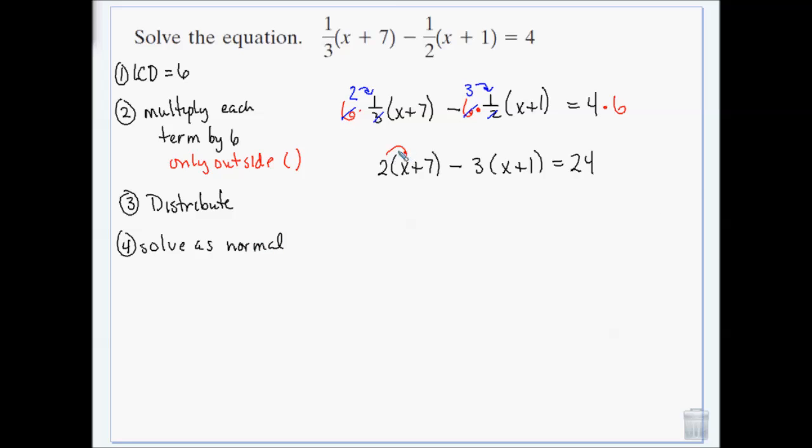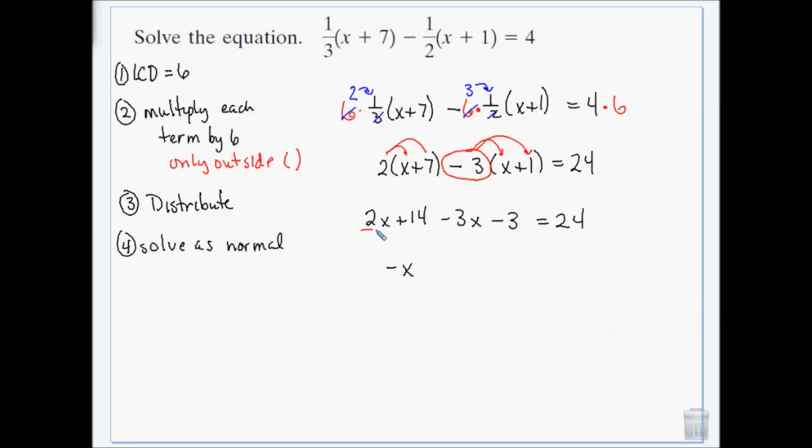So 2 times x, 2 times 7. Don't forget to multiply everything by -3, not just 3. So I get 2x plus 14, negative 3, so negative 3x minus 3 equals 24. 2x minus 3x is negative x, right?